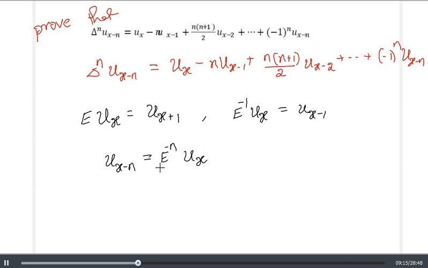So now they're asking us to prove that delta power n u_(x-n) equals this expression.